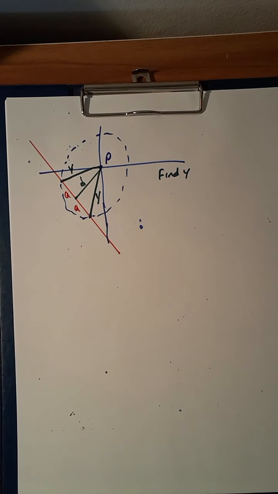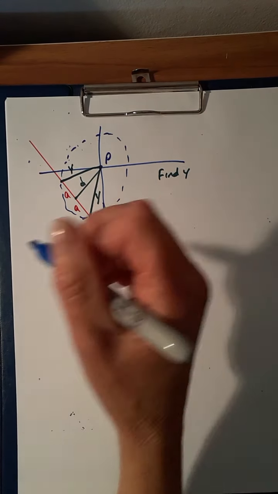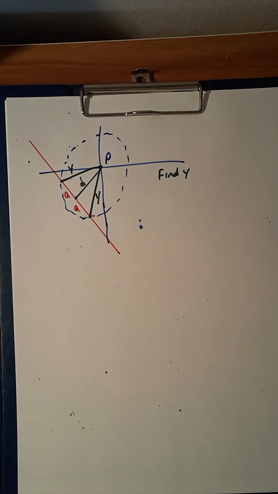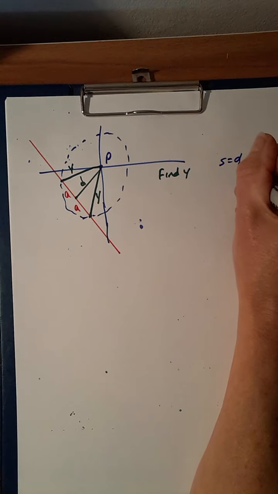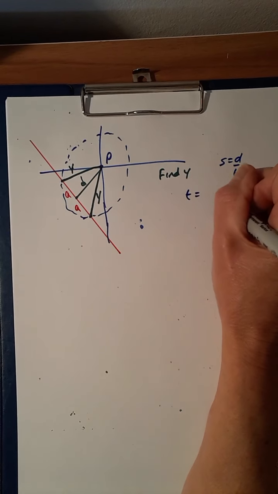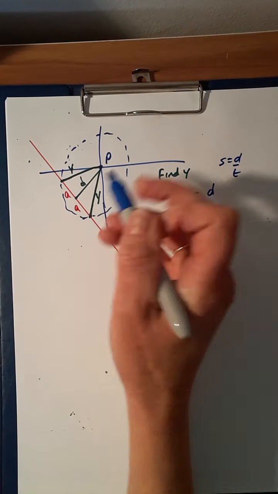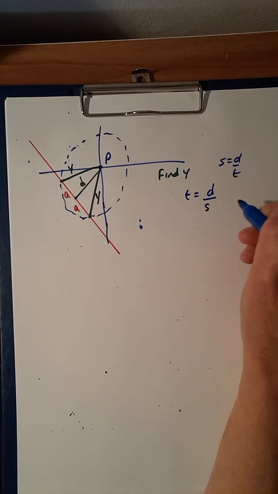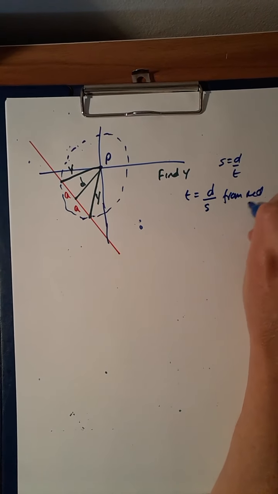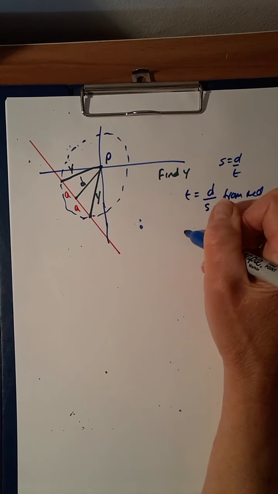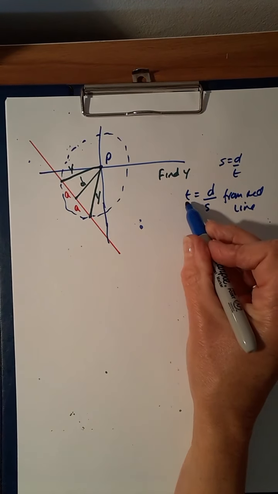Now, the time that this is going to happen for is 12 minutes. So if I use speed is equal to distance over time, then the time is equal to the distance, which of course will be 2A, over the speed. And this is all from the red line, so it's all from the relative velocity line. So the time that it happens for is 12 minutes.